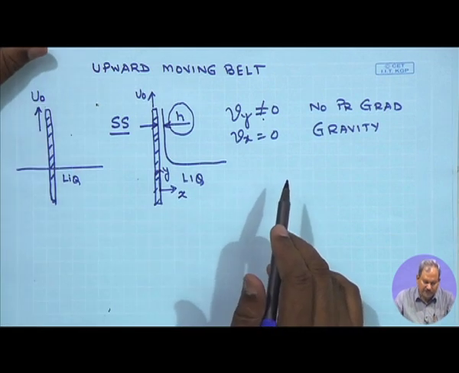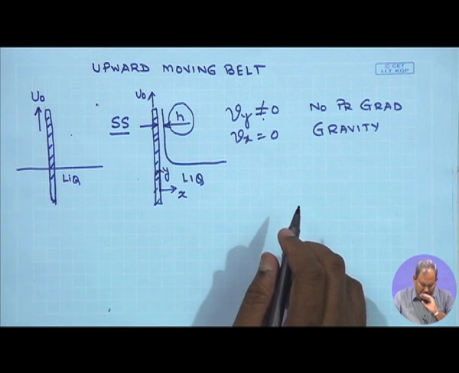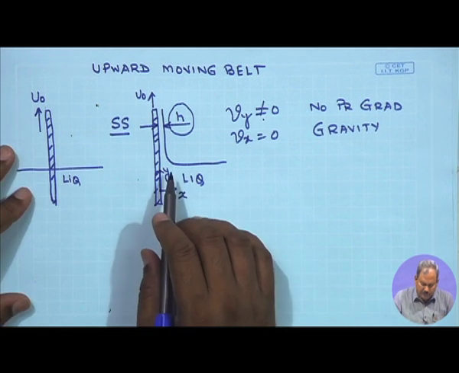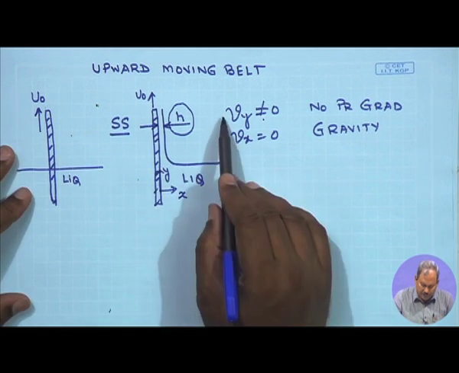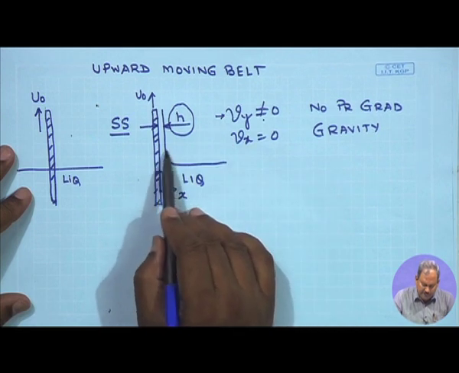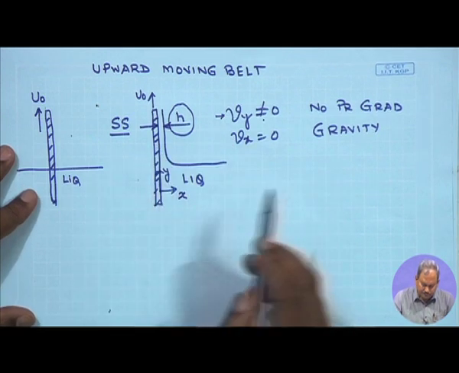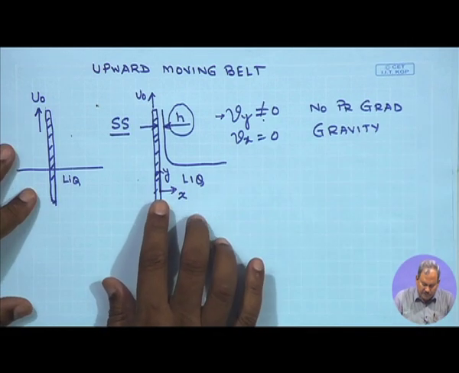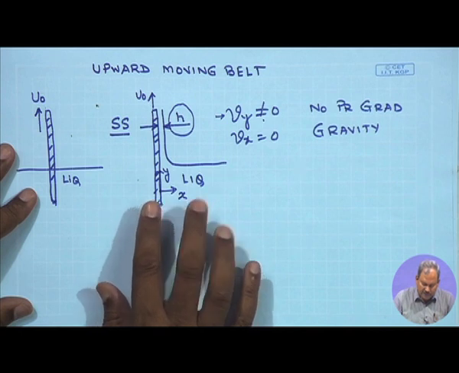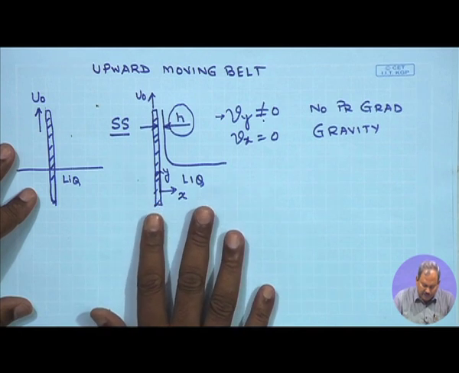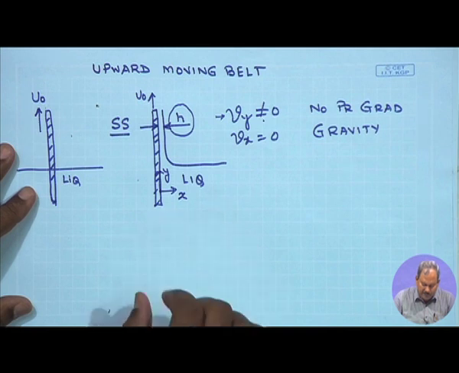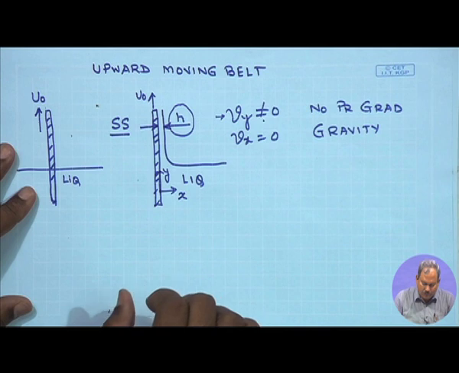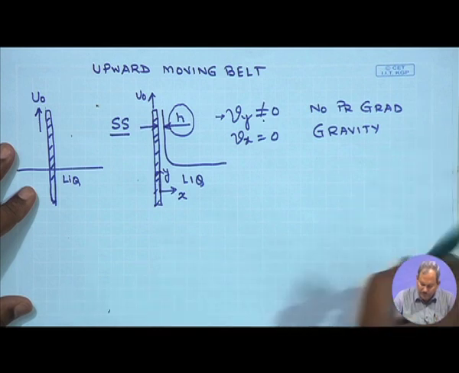So, if that is the case, then we would like to find out what is going to be the velocity distribution Vy in this case in the thin portion of the liquid. So, we have to think of a shell, and in order to think of a shell, we need to first identify the direction in which the velocity is varying, because whatever be that direction, that is going to be the smaller dimension of the control volume.